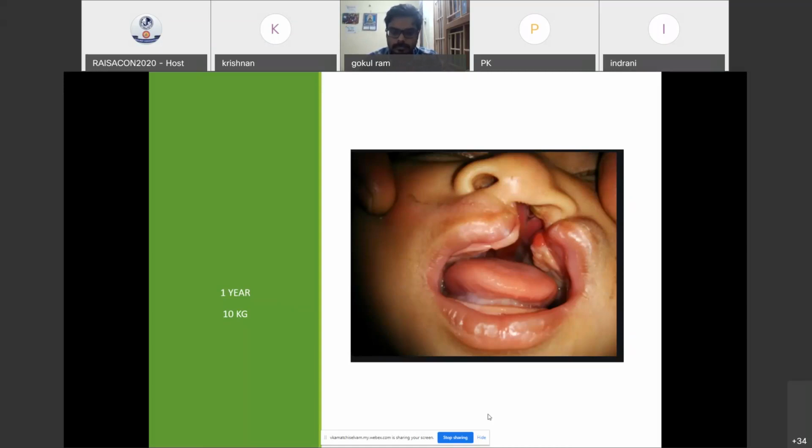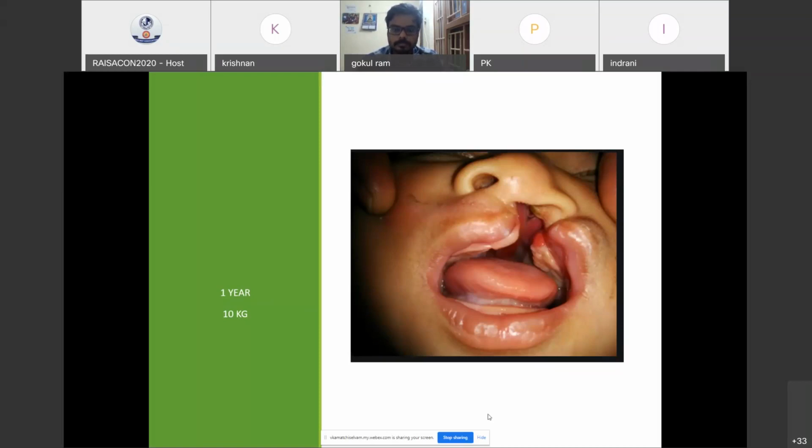So our case today is a 1-year-old child weighing 10 kg who has this lesion of lip and palate cleft, and is posted for an elective surgery. So we'll see how Dr. Gokul will manage from the preoperative, intraoperative, and postoperative period.